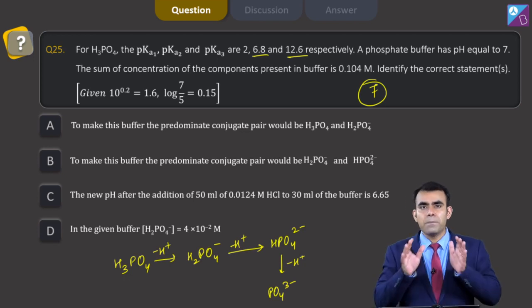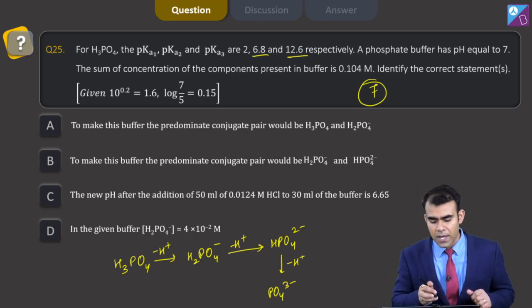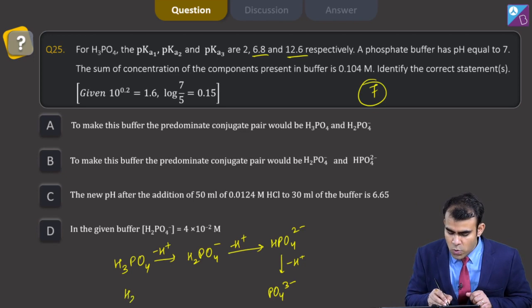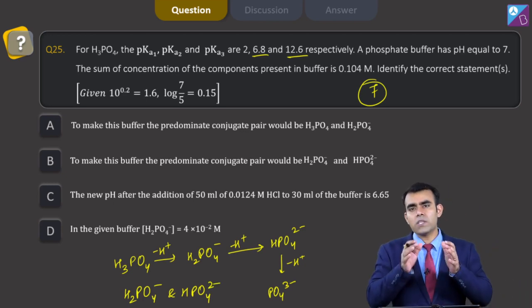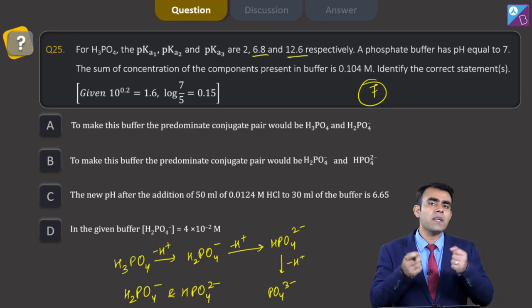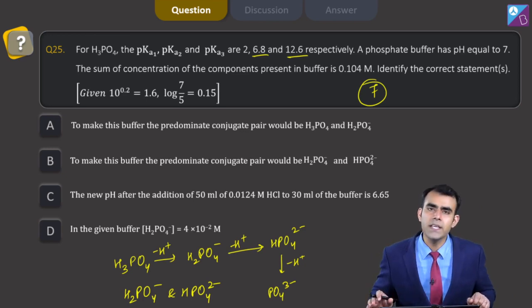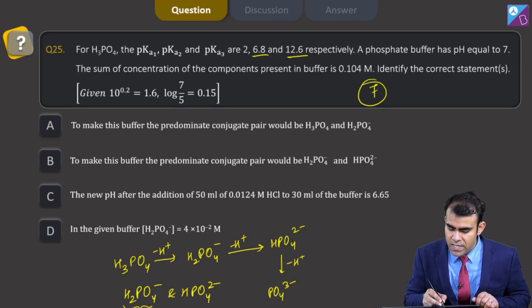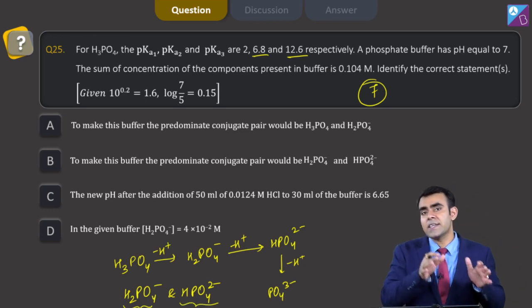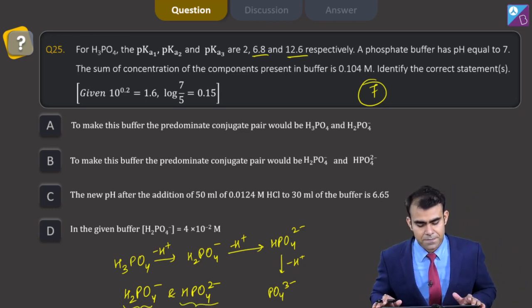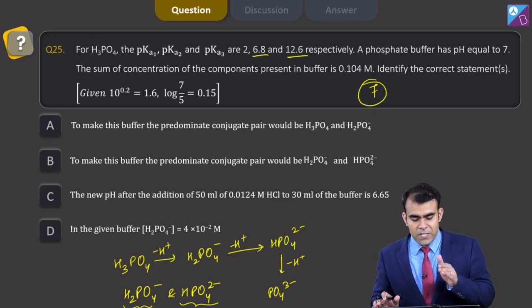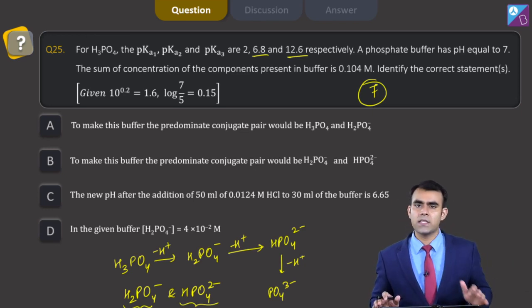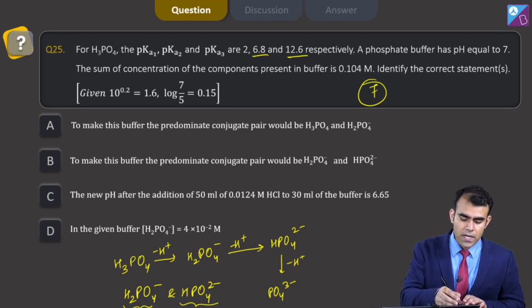It means my buffer contains the conjugate pair H2PO4 minus and HPO4 2 minus, because my pH is lying between the pKa values of these two. So here this will behave as acid and this will behave as its conjugate base. So the first statement, H3PO4 and H2PO4 minus, is incorrect.